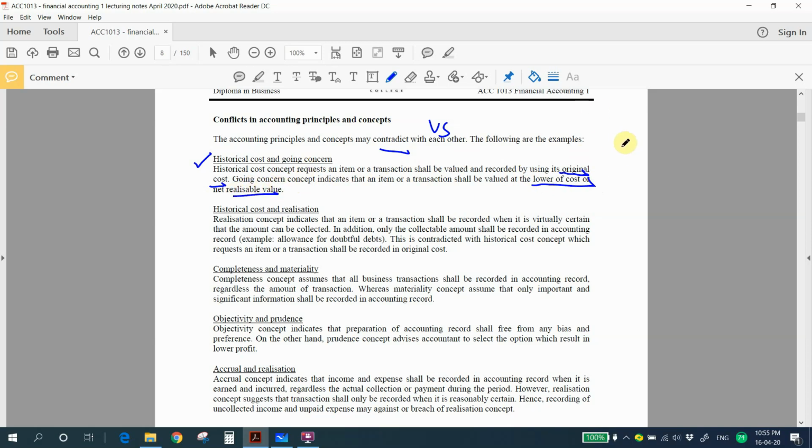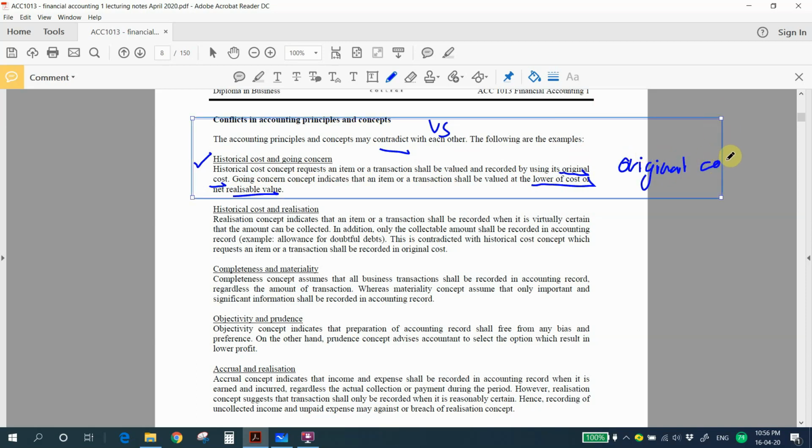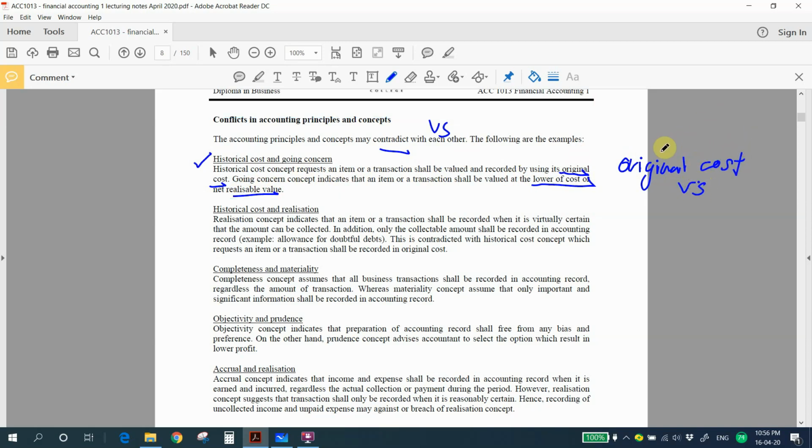It means that one is using original cost and the going concern concept suggests that we should use the net realizable value. So we can see that historical cost and going concern concept are different.